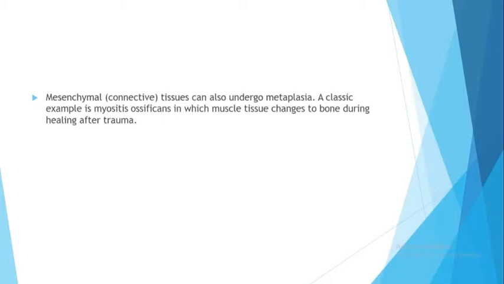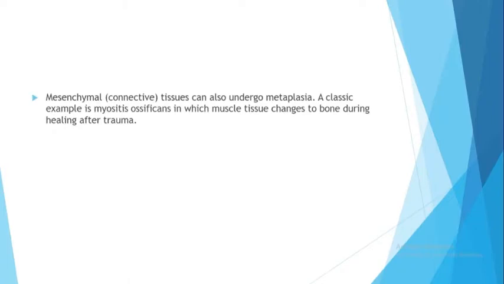As I said earlier, metaplasia commonly occurs in epithelial cells. However, mesenchymal or connective tissue can also undergo metaplasia, and a classic example is myositis ossificans, in which muscle tissue changes to bone during healing after trauma. So in this condition, when muscle cells are subjected to trauma, they're going to undergo inflammation, and that is why it's called myositis.